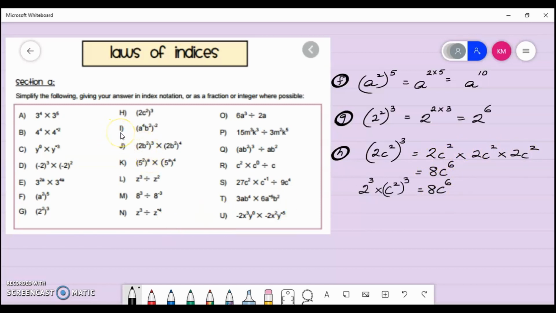Let's try our next question. a to the power 4, b to the power 2, raised to the power of negative 2. So now here you can see that this question is similar to our previous question. So now we know we have to raise a to the power 4 to the power of negative 2, as well as b to the power 2.